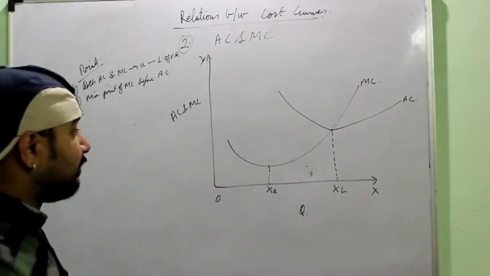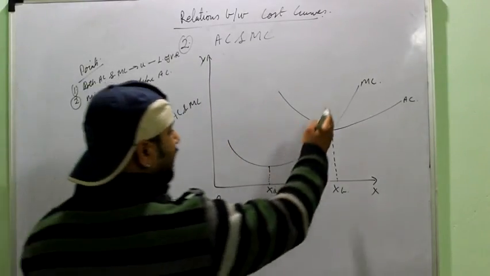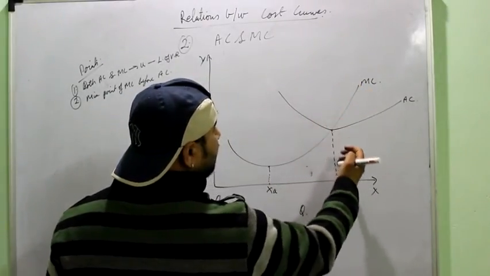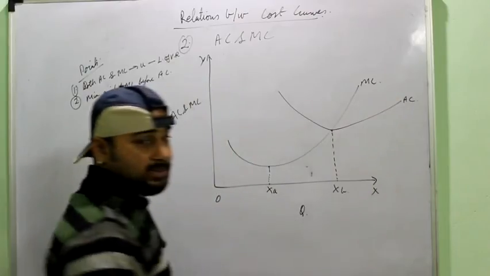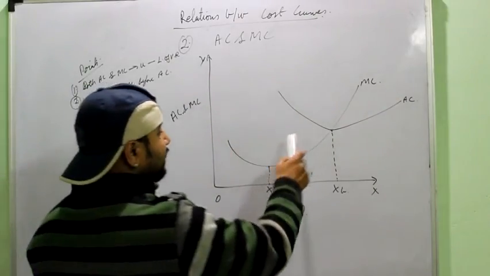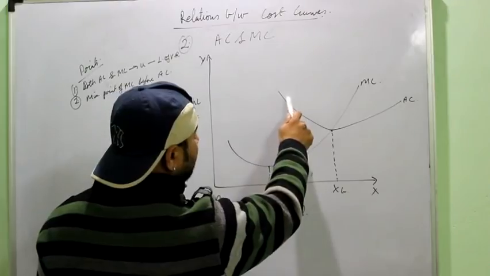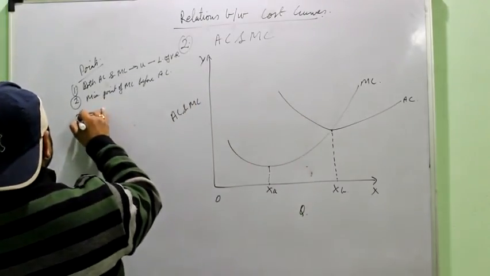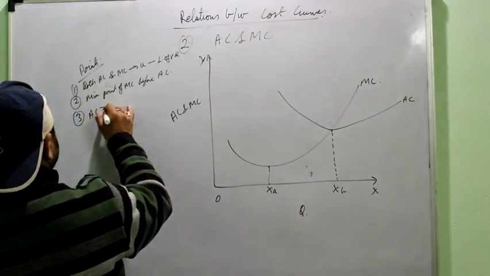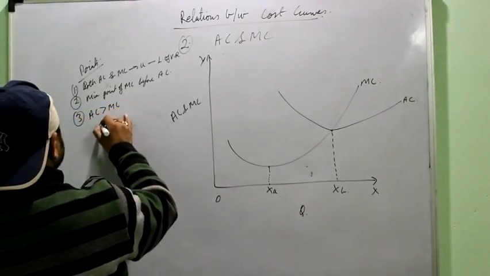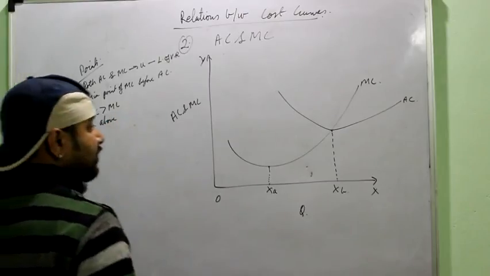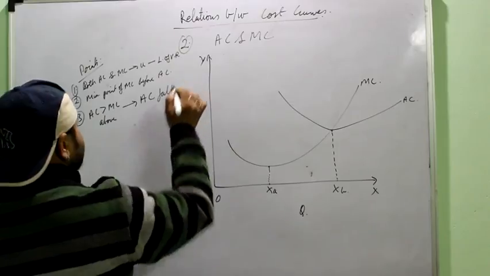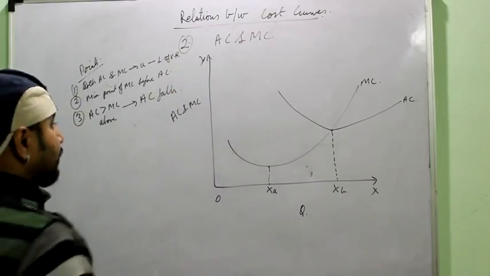You can divide it into 3 phases: first this phase, then this phase where it is minimum, and then when AC is rising. When AC is above MC, or it is more than MC, then AC always falls.